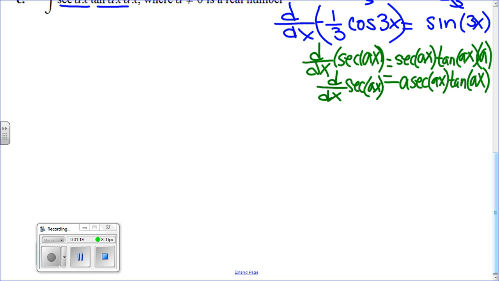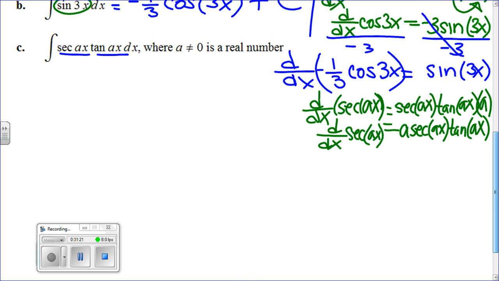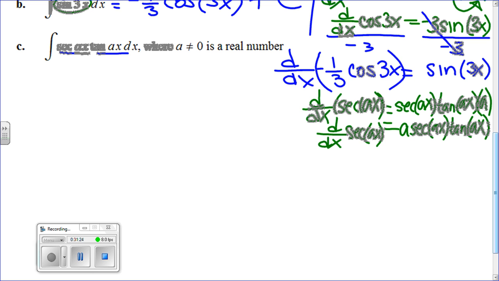Okay? So now we can go back and answer the question, right? Well, not really. Our question has the same angles, but it doesn't have that constant in front of it. When I say a constant, I'm referring to this a right here. So you just multiply by 1 over a, or divide by a, same thing.